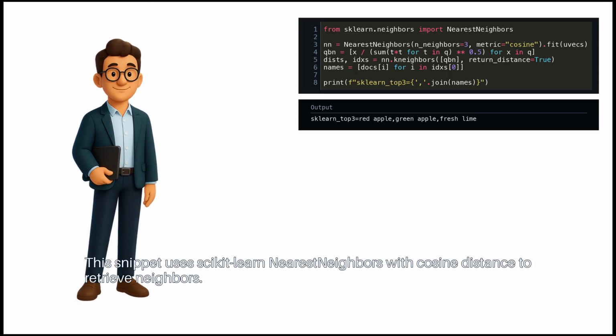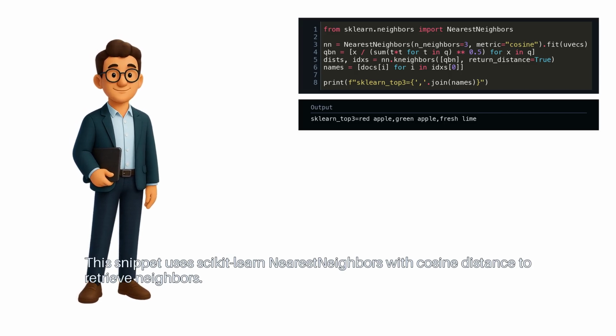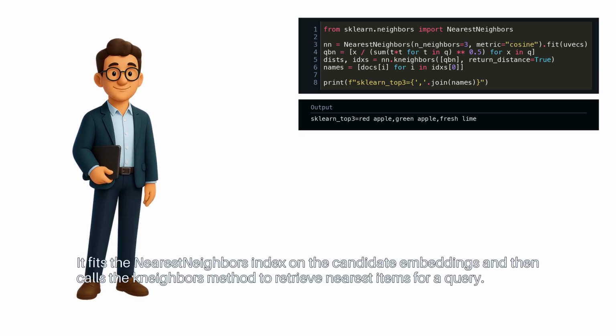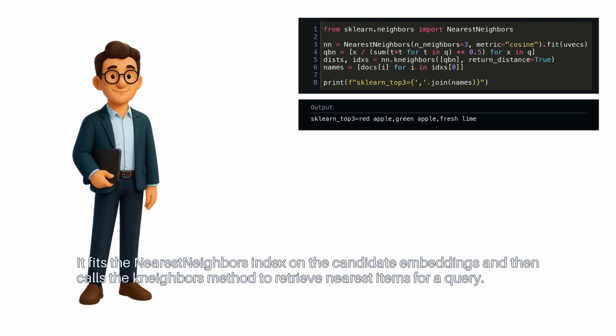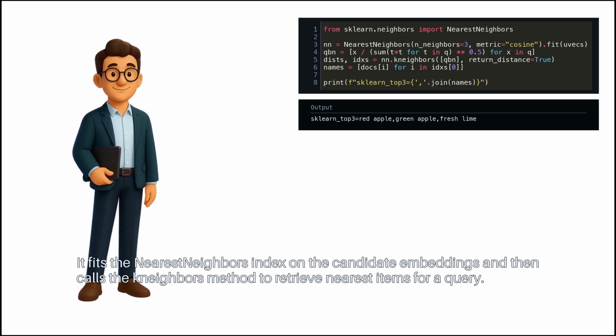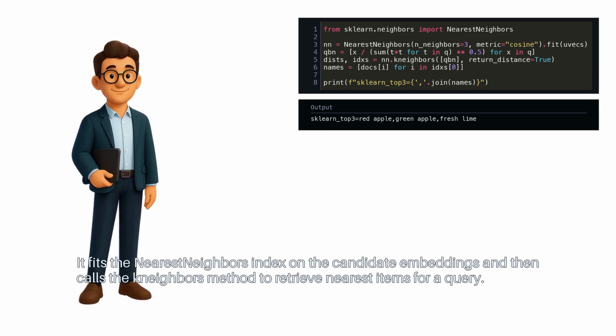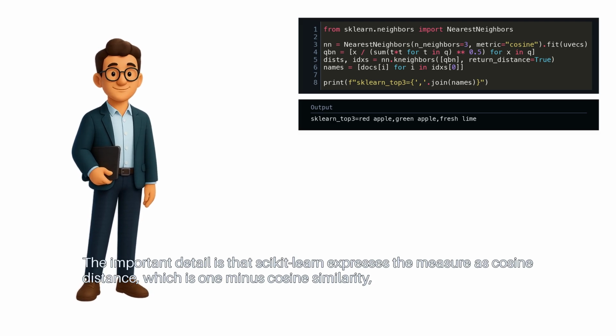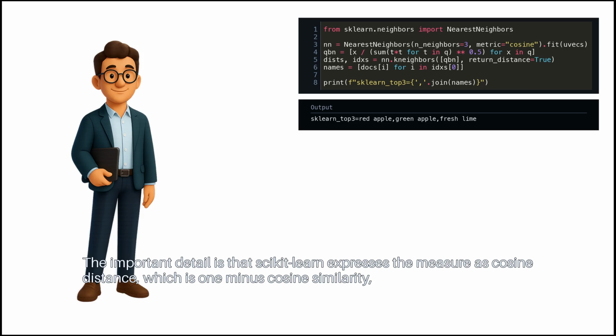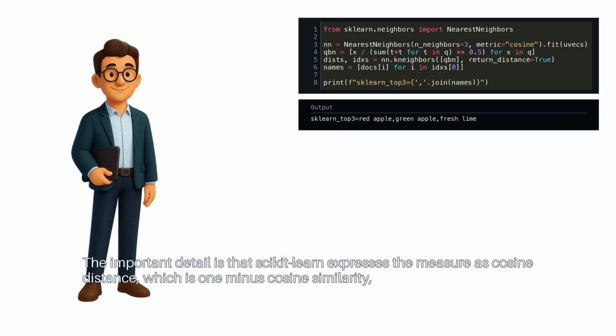This snippet uses scikit-learn nearest neighbors with cosine distance to retrieve neighbors. It fits the nearest neighbors index on the candidate embeddings, and then calls the neighbors method to retrieve nearest items for a query. The important detail is that scikit-learn expresses the measure as cosine distance, which is 1 minus cosine similarity.